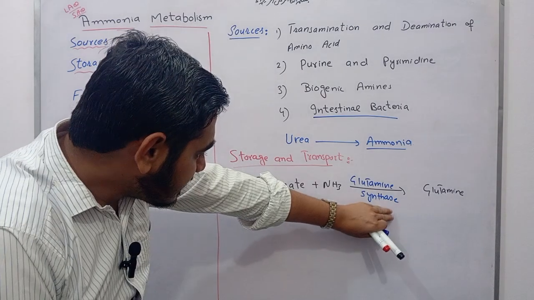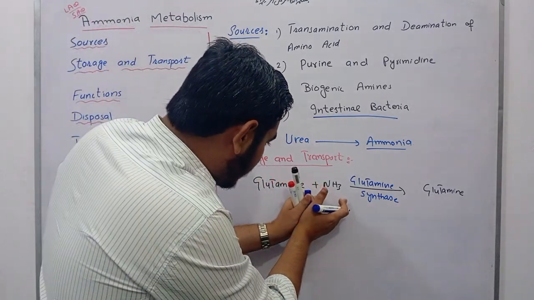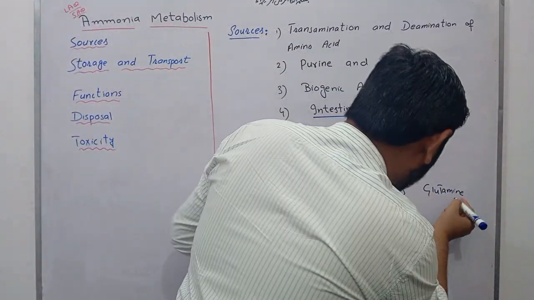With the help of this enzyme, glutamate gets condensed with ammonia and forms glutamine.